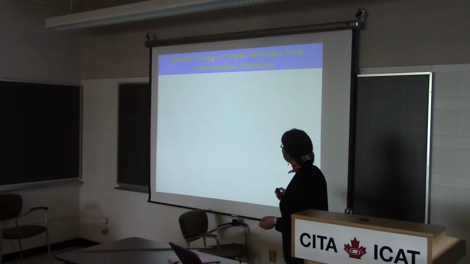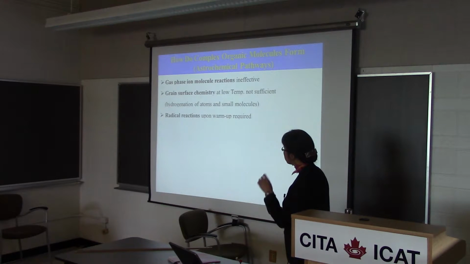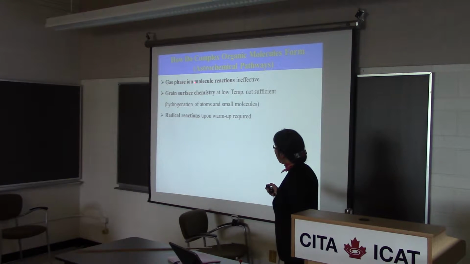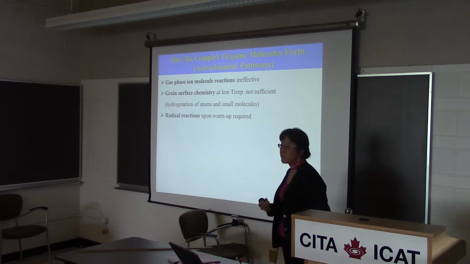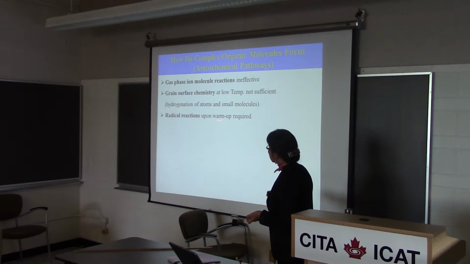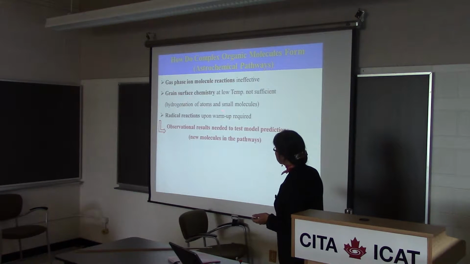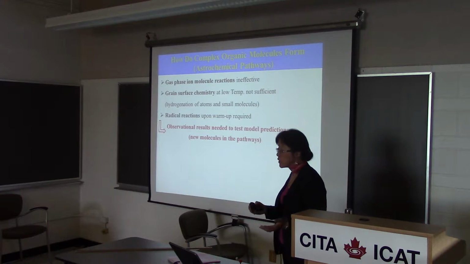So how do complex organic molecules form in the interstellar environment? My colleague tells me gas phase ion-molecule reactions are ineffective, grain surface chemistry at low temperature is not sufficient, and you really need a radical reaction upon warm-up.